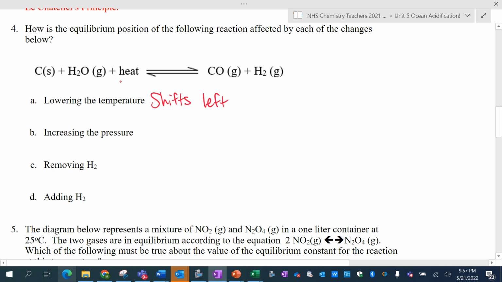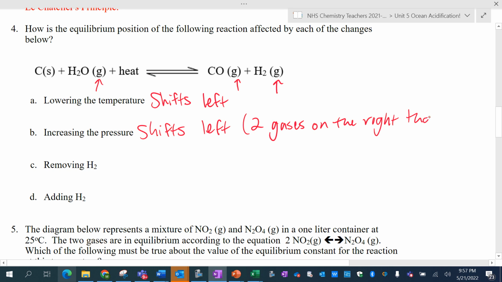Increasing the pressure, there's a gas on both sides, but there's actually two gases on the right. So this will cause a shift to the left because there's two gases on the right that will collide and react more.